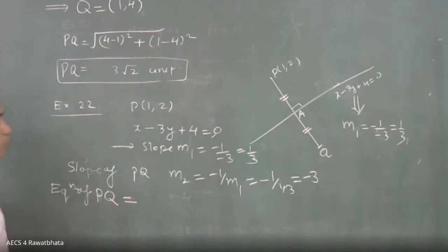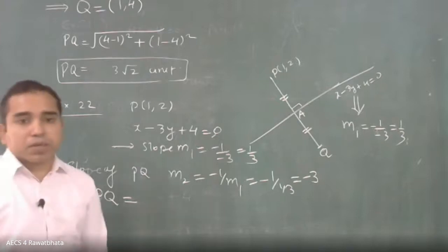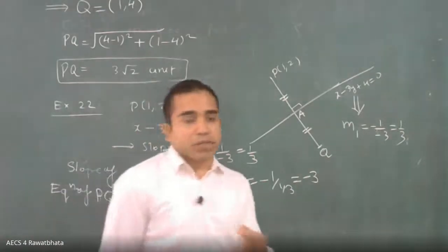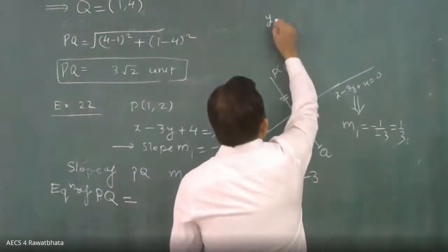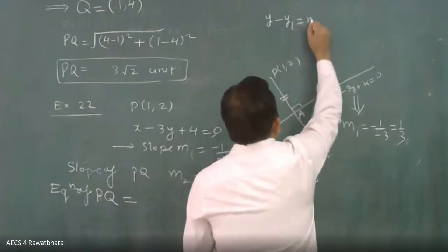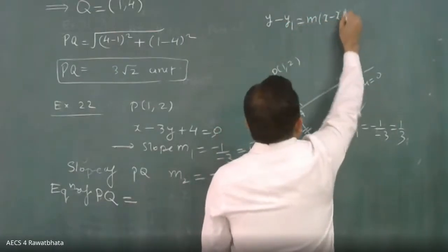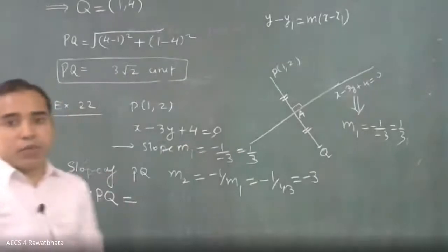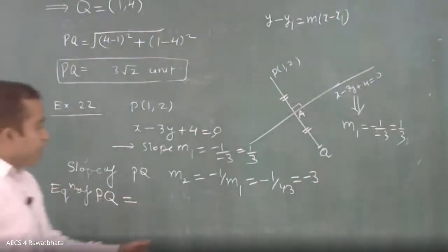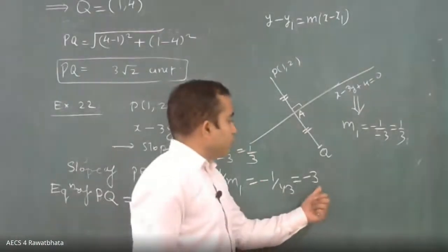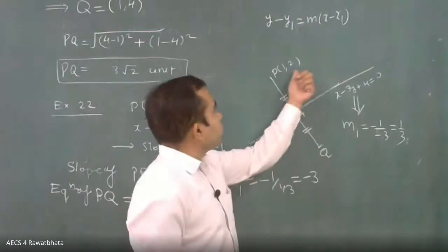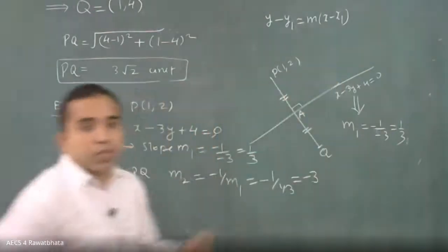We'll find the equation of PQ. Remember the equation of a line passing through one point, the popular formula y minus y1 is equal to m times (x minus x1). If I use this formula, I know the slope of our line, which is -3, and I know one point on the line, which is (1, 2). So what should be the equation of PQ?